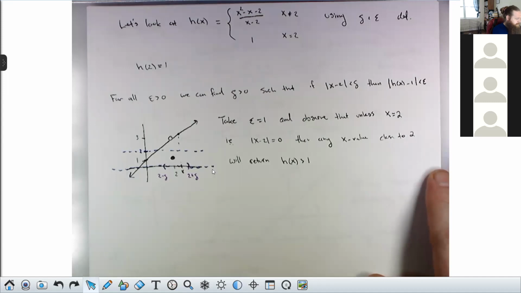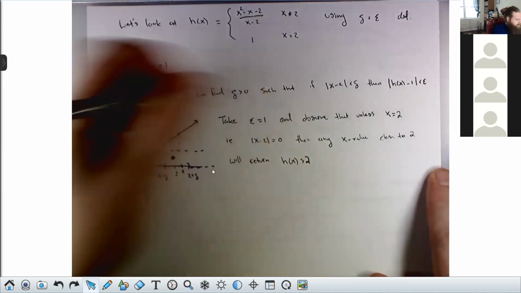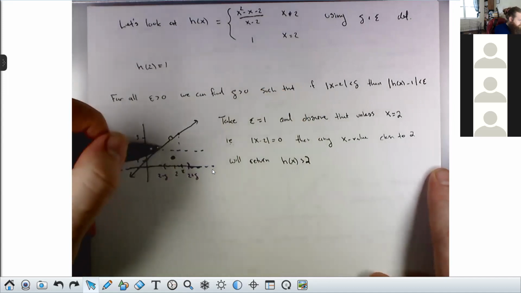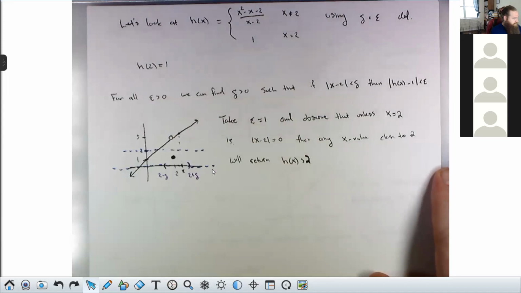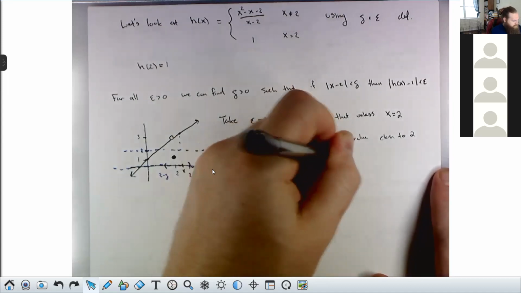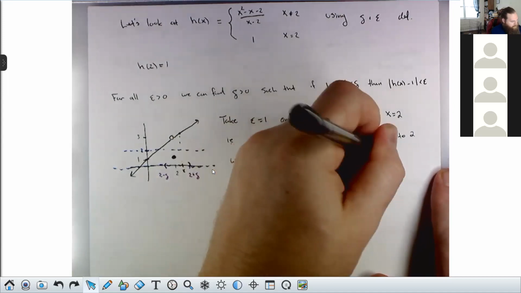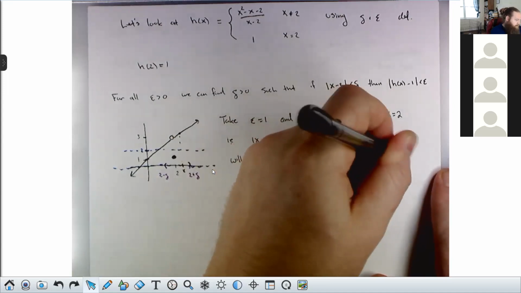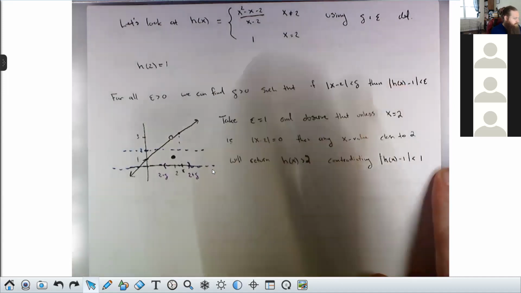In fact, bigger than 2. Even if I'm not here, right? Contradicting the absolute value of h of x minus 1 is less than 1.